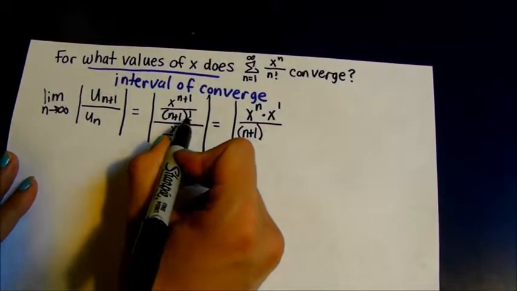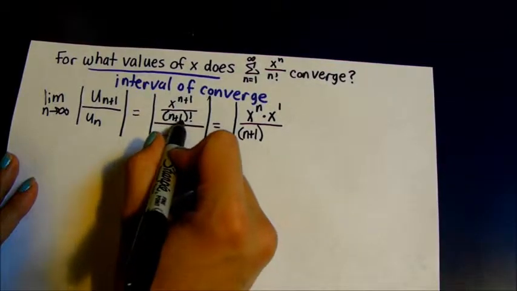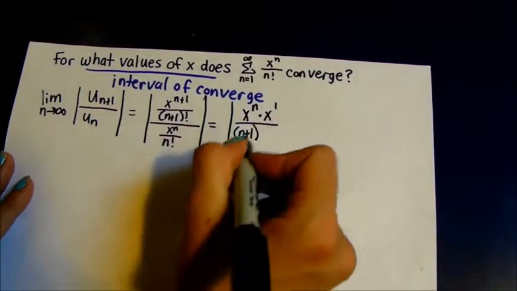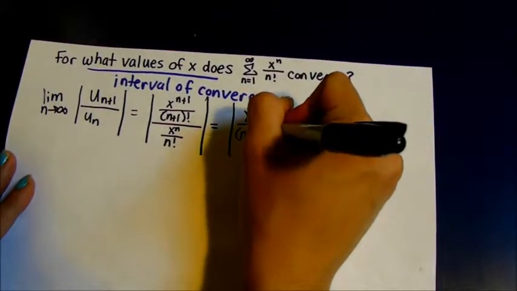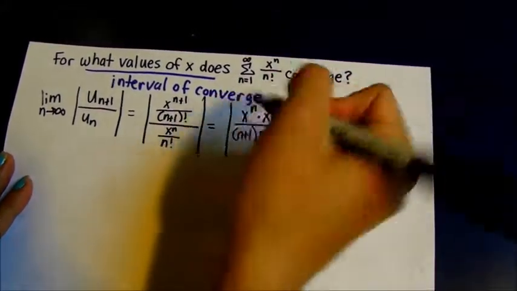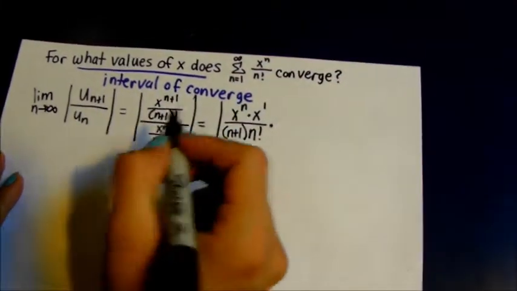When you have factorials, the next term is n plus 1 times the initial term. You'll see in a second why I did that, just to help clean this up.